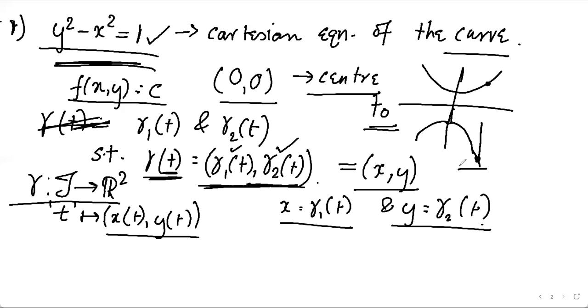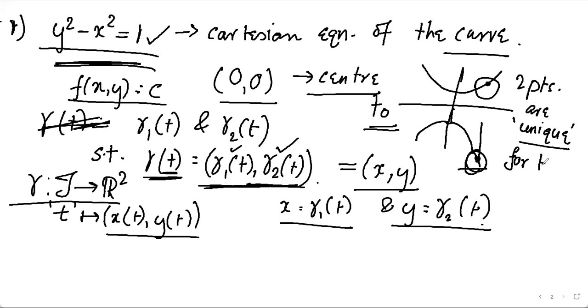Alright, so these 2 points are unique for t naught. Alright, so x is a function of t and y is also a function of t.